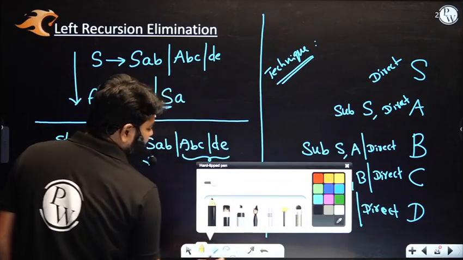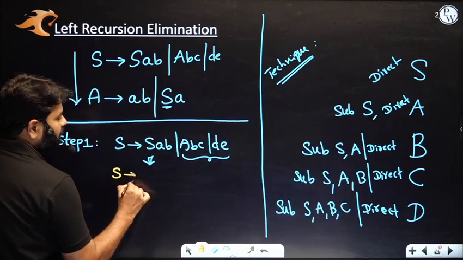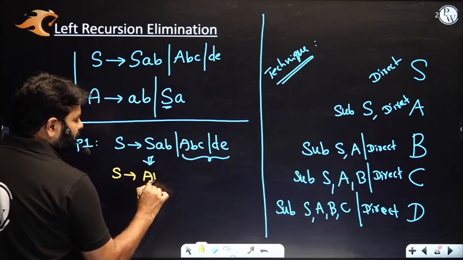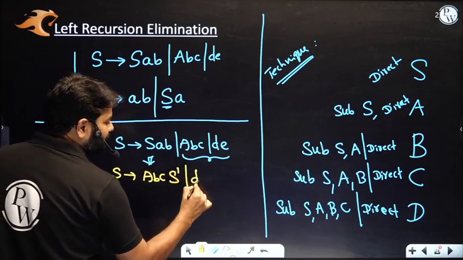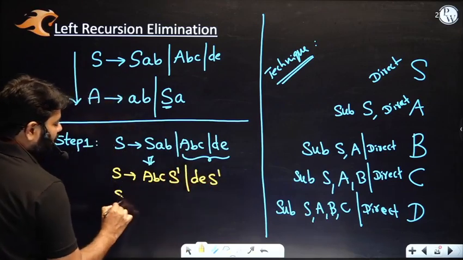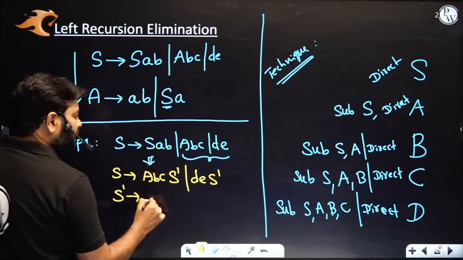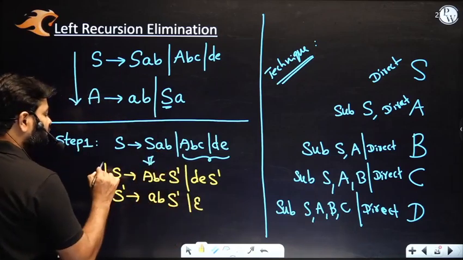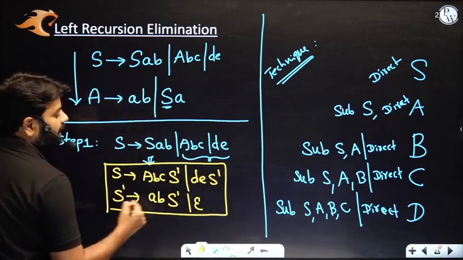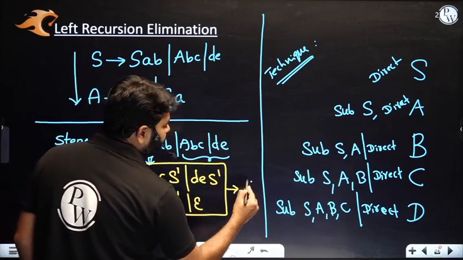You know that rule. S derives ABC S dash, DE S dash, and what S dash does is AB S dash or epsilon. So this is the final answer for S.